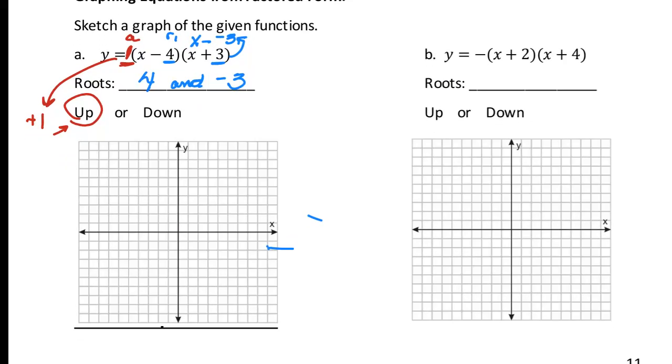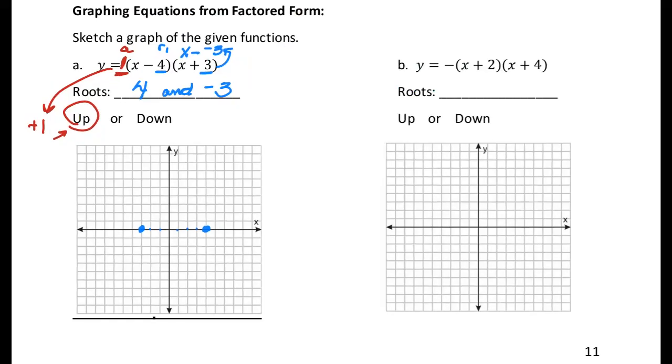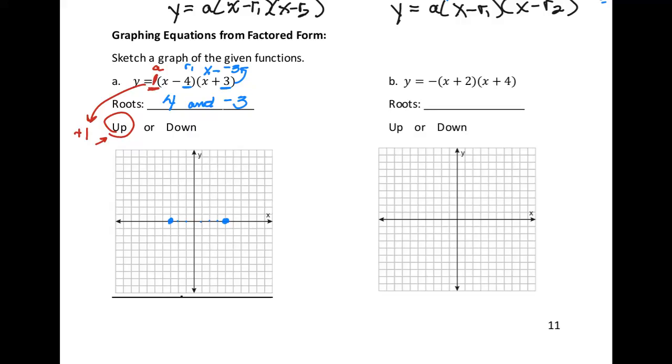So my roots are at 4, +4. So that's 1, 2, 3, 4, and -3. 1, 2, 3. It is going to open up. So basically, we don't really know anything else, but we know the axis of symmetry would kind of be somewhere here in the middle.